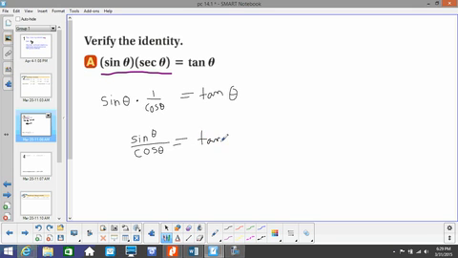And from our identities, we know that sine theta over cosine theta equals tangent theta. So that would be the same as tangent theta equals tangent theta. And we just proved that the left-hand side equals the right-hand side.